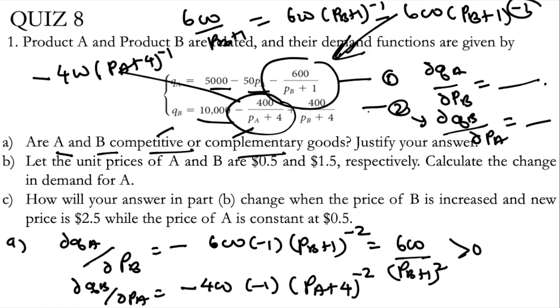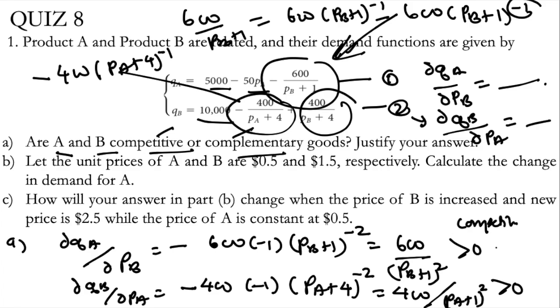The other term, because there is no PA, becomes 0 after differentiation. So the final answer, minus minus becomes positive, 400 over PA plus 4 squared, also positive. When the answer is positive for both of them, then we know that it's competitive.